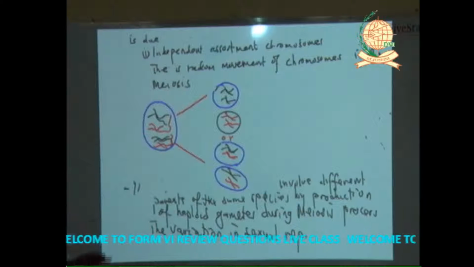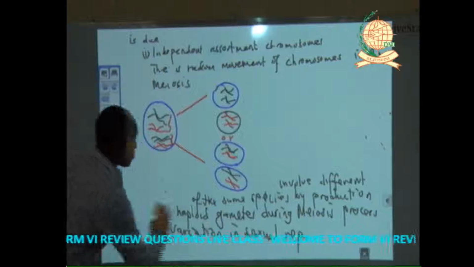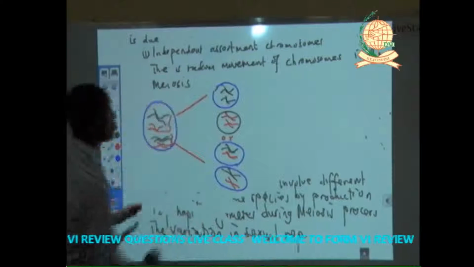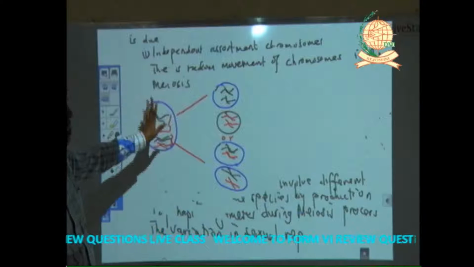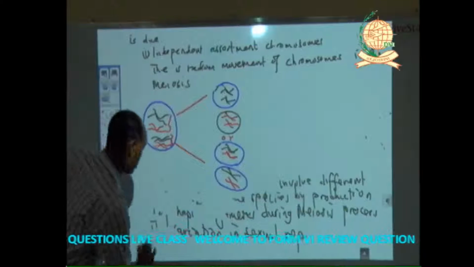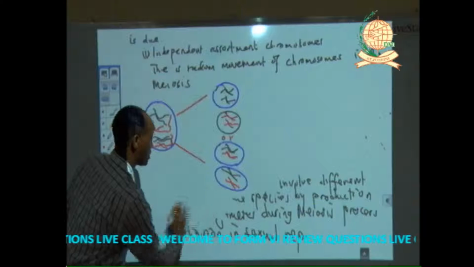So this causes variation in the offspring when they produce offspring. According to this question you're not required to draw this, it is just to show you in order for you to understand.